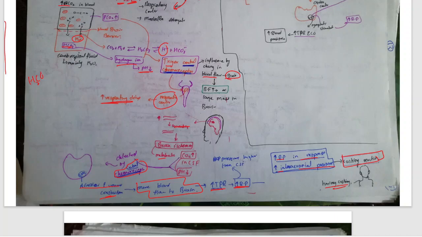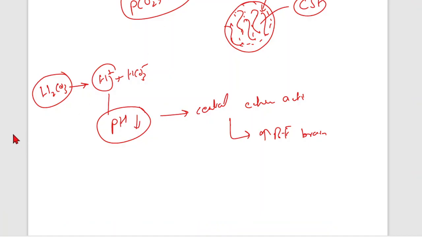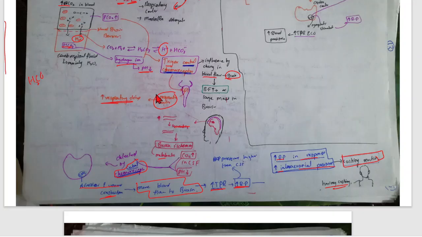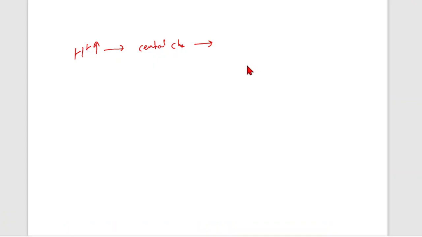So now we will simplify this mechanism. How? The first thing is, for example, when hydrogen ion is increased, the central chemoreceptor is activated, and it increases blood flow to the brain.